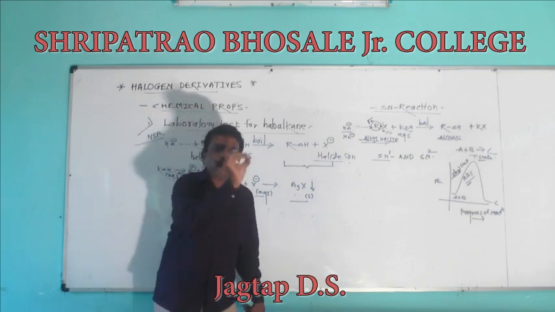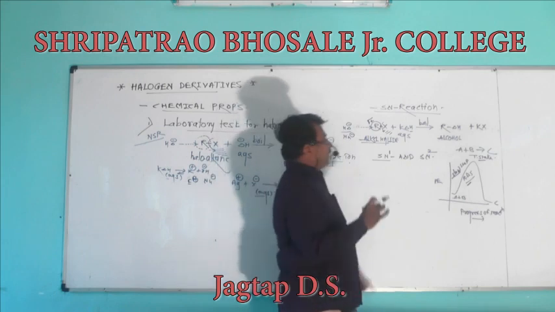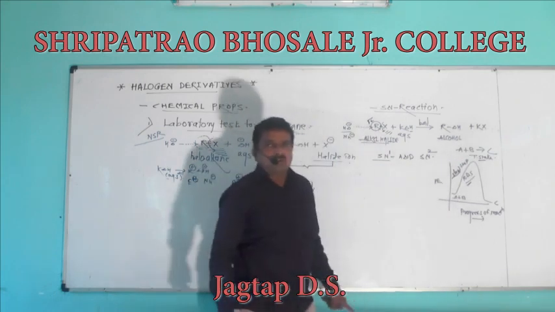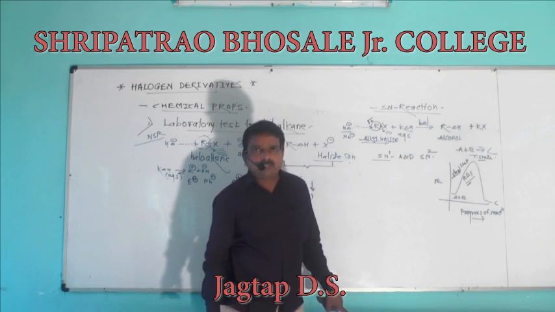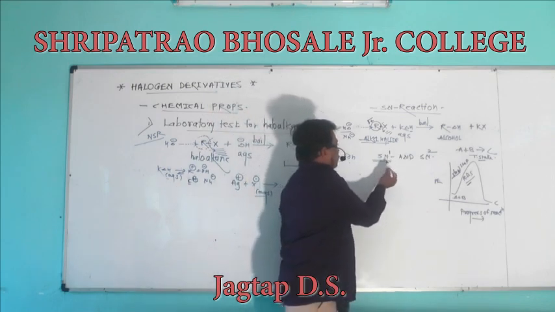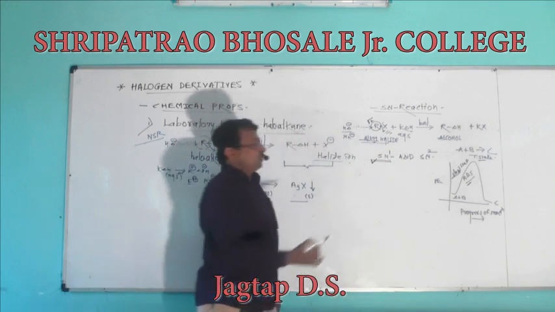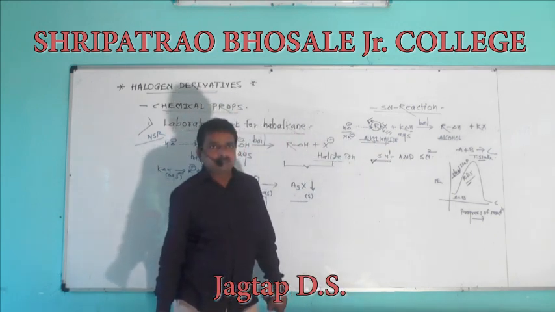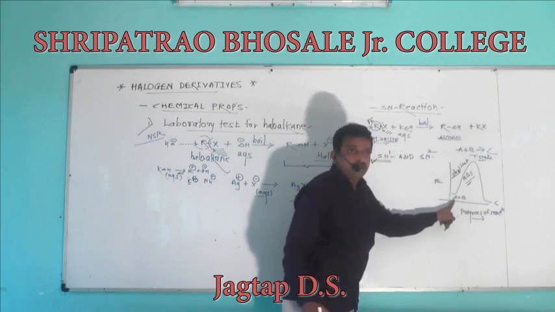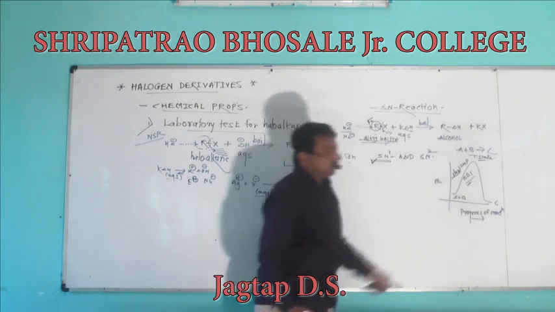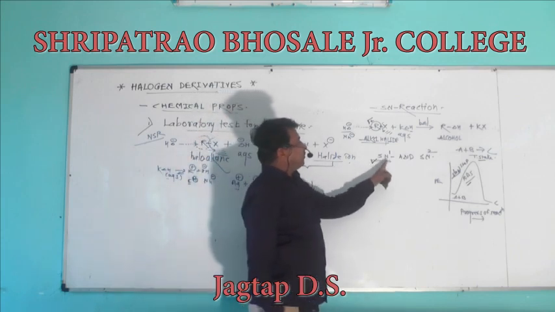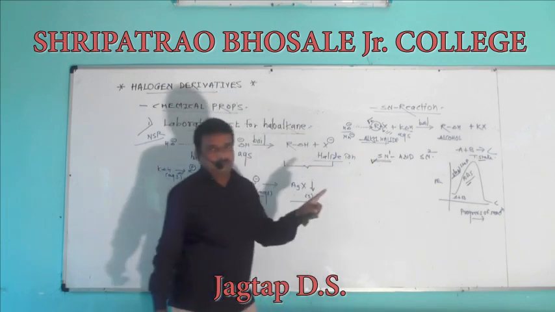If only one reactant species takes part in the formation of TS, it is called a unimolecular reaction, substitution nucleophilic unimolecular. Out of these two reactants, only A takes part in the formation of TS, so the reaction is substitution nucleophilic unimolecular.